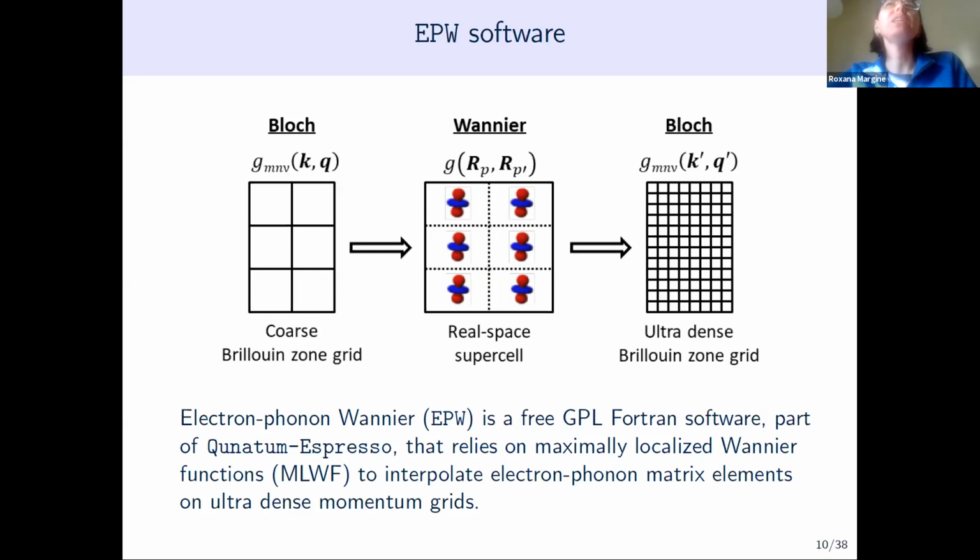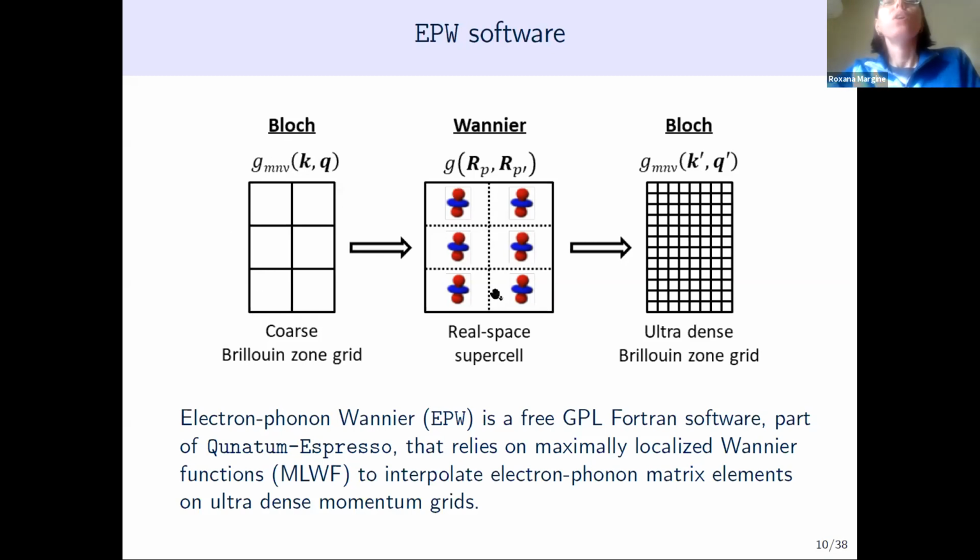So basically, we can start from a coarse grid. For instance, let's say we take a grid which is 4 cubed or 8 cubed, and we perform calculations at the density functional theory and density functional perturbation theory level using the Quantum ESPRESSO code.